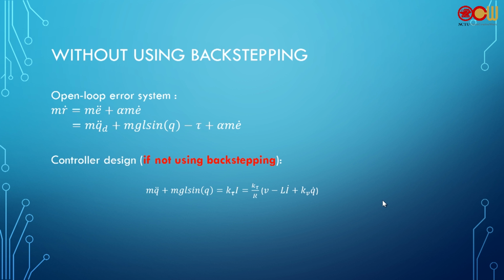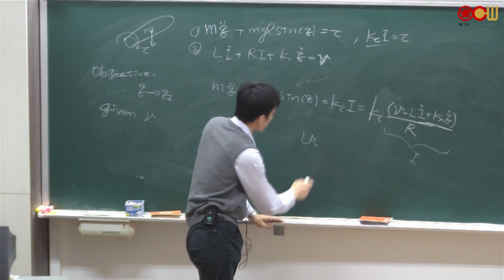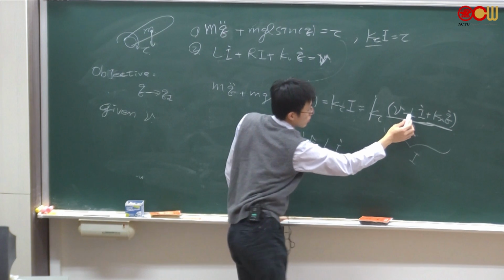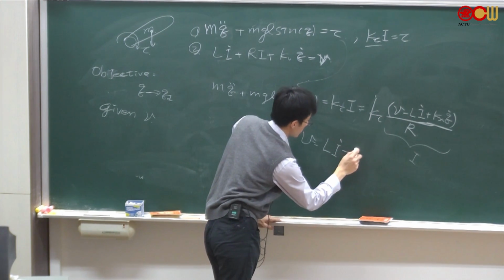If we don't use backstepping, what we will do next is design this physical control V, and you will put some terms to cancel out these two terms, right?